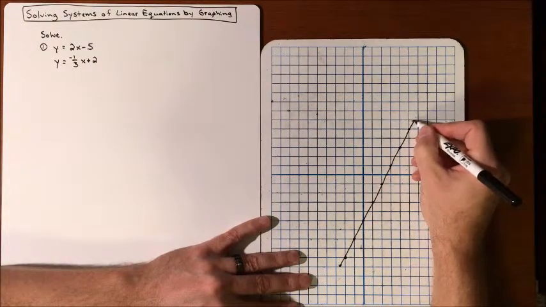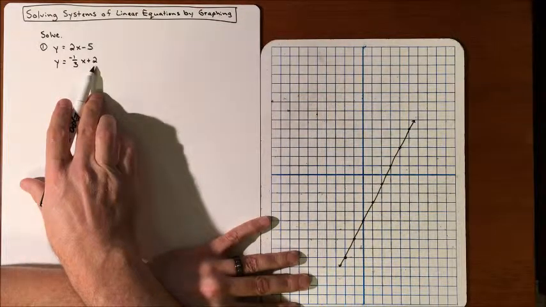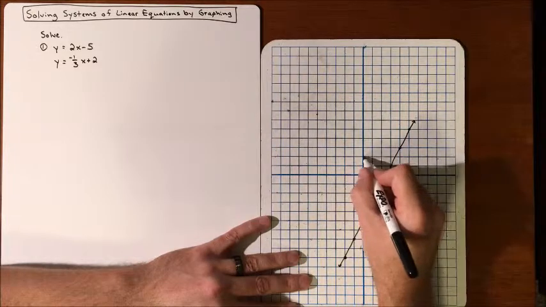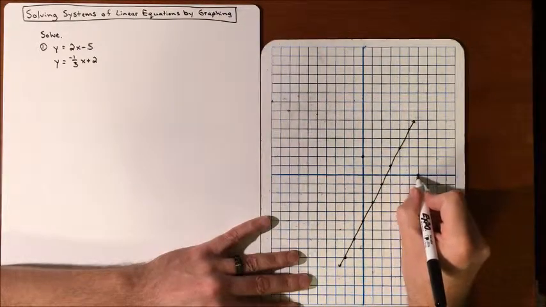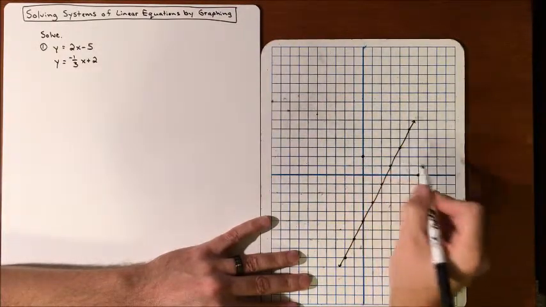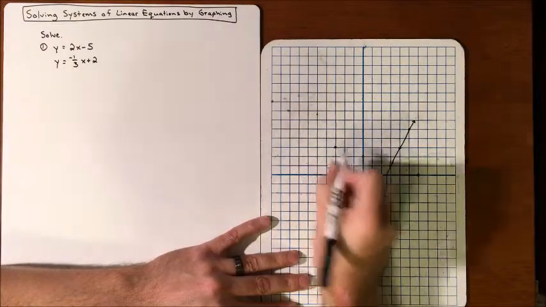Second equation has a slope of negative 1/3 and a starting point, a y-intercept at 2. So it has a y-intercept at 2, and we'll go down 1 over 3, down 1 over 3, and just to kind of get a good graph, we'll go up 1 and back 3.